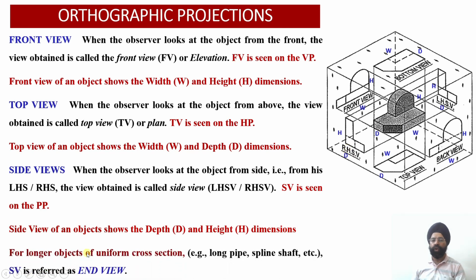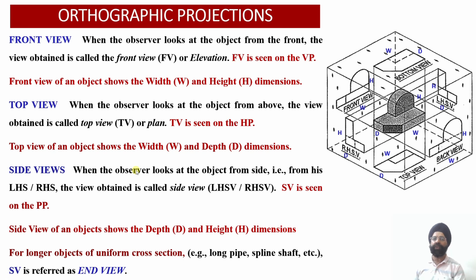For longer objects of uniform cross section, let us say a long pipe or a spline, we may call the side view an end view, because whatever the dimension at the end, the same dimension will be available on the side view if it is a uniform pipe. Let us say we talk about a tube light also.